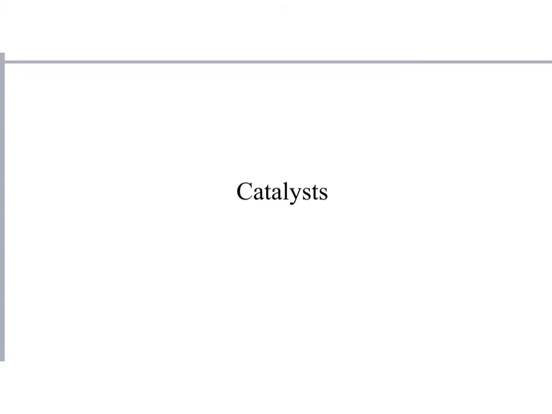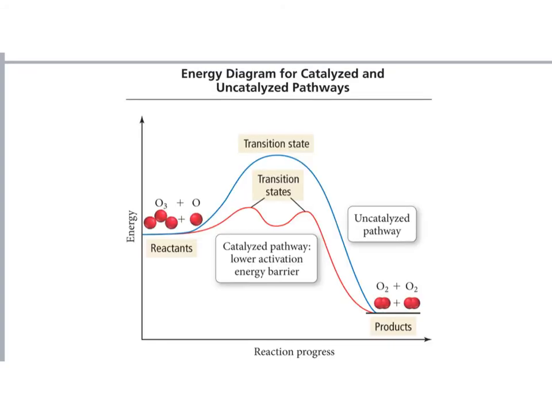All right, let's talk about catalysts because we know that the rate changes with temperature, right? And we know that we can increase the temperature and increase the rate. What about other ways of increasing rate? And that's catalysts. And so, what does a catalyst do? Well, a catalyst reduces the activation energy.